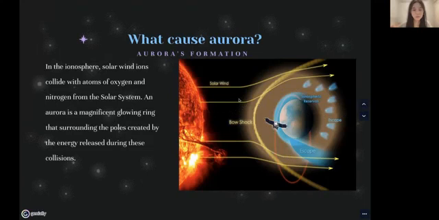The solar wind comes to the Earth's atmosphere and collides with the oxygen and nitrogen. An aurora is a magnificent glowing ring surrounding the poles, created by the energy released during these collisions. So it is exactly the collisions between atoms of oxygen and solar wind ions that create aurora.